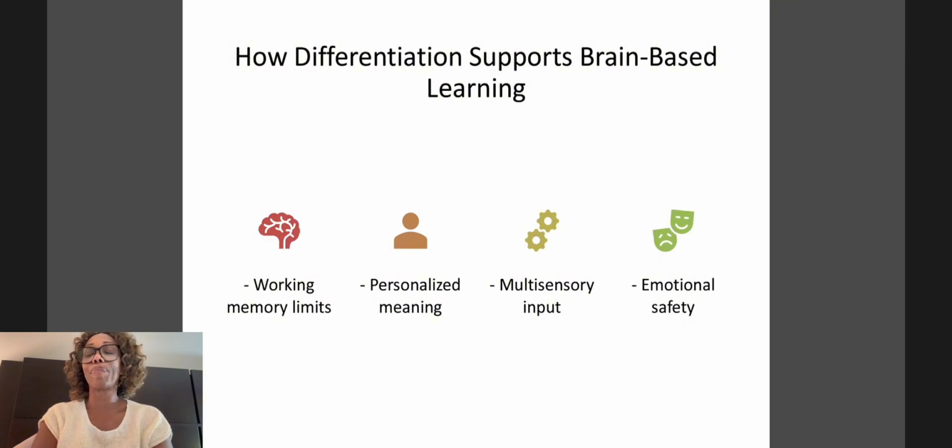Without the emotional well-being being okay, students will not be open to learning.